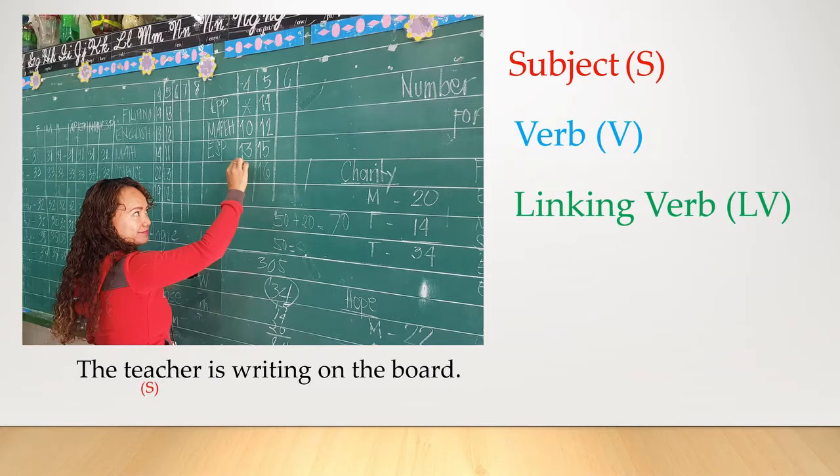Let us now go to the verb or the action that the teacher is doing. If your answer is writing, then you are correct again. And lastly, let us go to the linking verb.